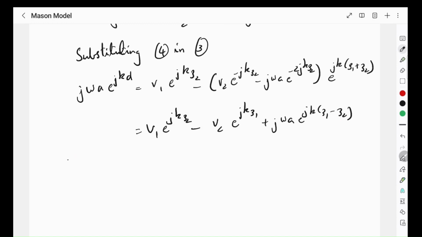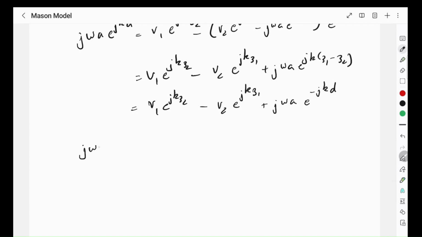Similarly, z2 minus z1 is equal to d. If I substitute that here, I will get v1 e raised to j k z2 minus v2 e raised to j k z1 plus j omega a e raised to minus j k d.